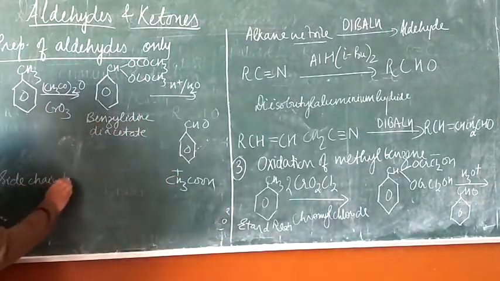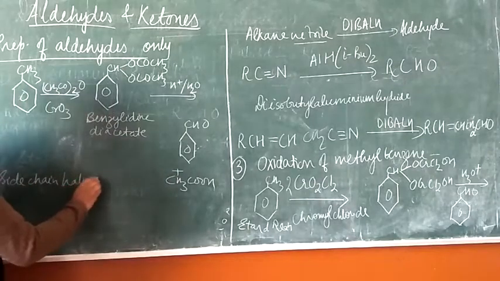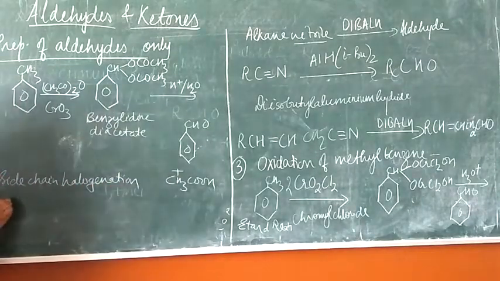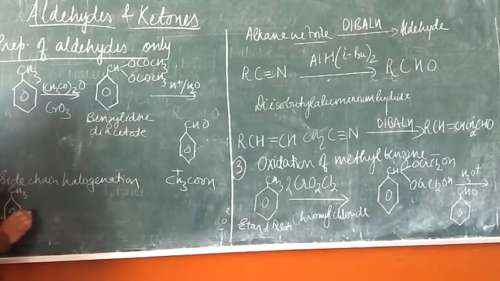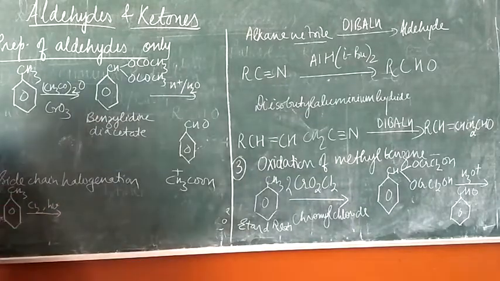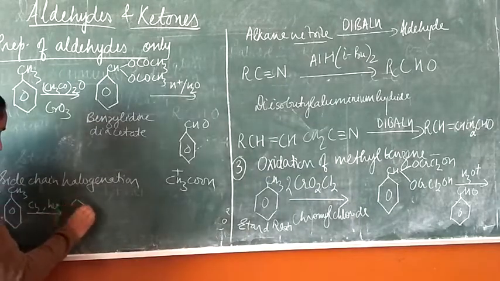Now next is side chain halogenation of methyl benzene only. So we are taking methyl benzene, and you will get it halogenated in presence of chlorine, in presence of sunlight.